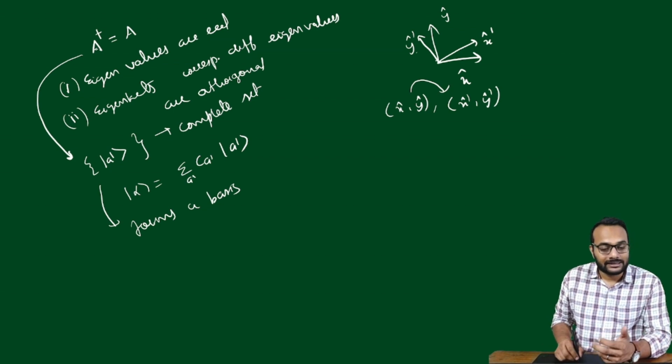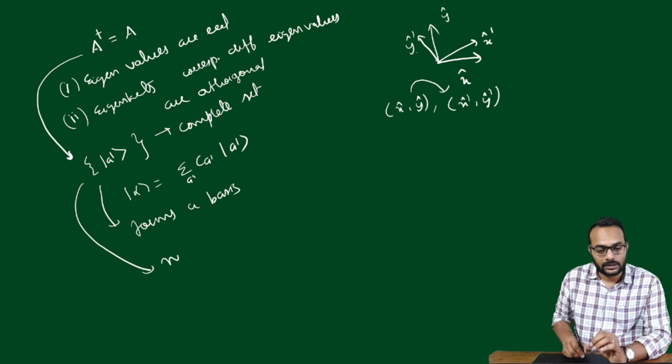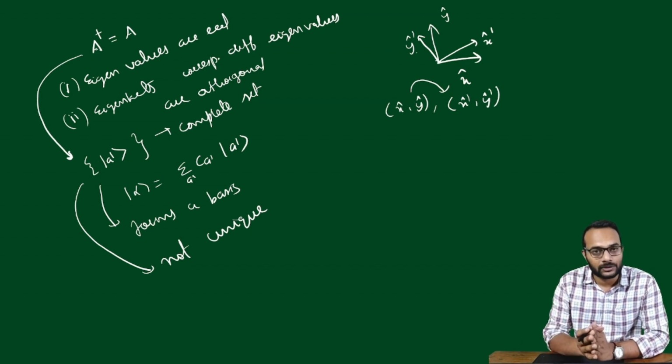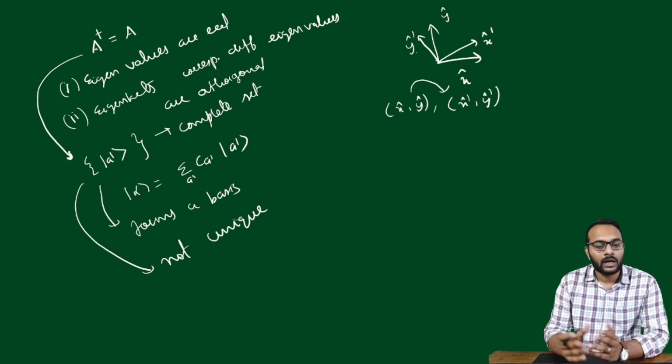Now, in the same way, this is something interesting: we'll see that this basis is also not unique, which means that we can construct other basis vectors also. How do we construct other basis vectors? In quantum mechanics, we know that there are different observables.